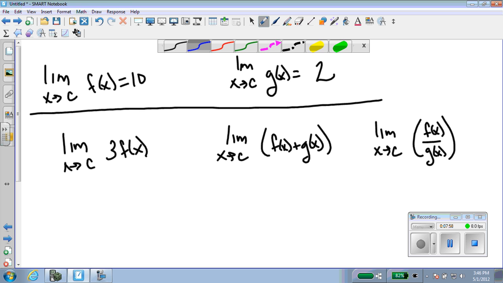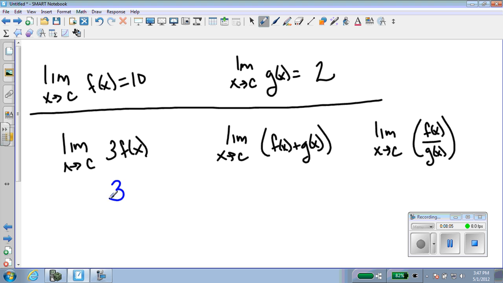So the limit as x approaches c of 3 times f of x is going to be 3 times 10, 30. The limit as x approaches c of f of x plus g of x is going to be 10 plus 2, 12. And the limit as x approaches c of f of x divided by g of x would be 10 divided by 2, or 5.